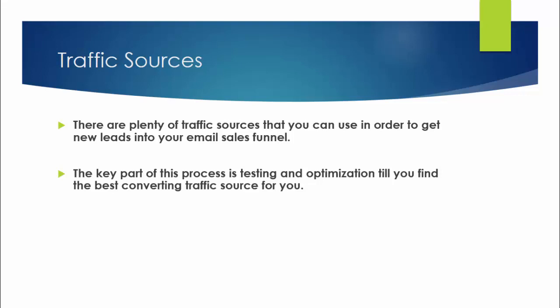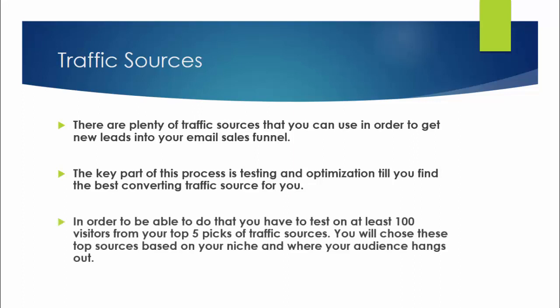That means, what is conversion for you: how many people from, let's say, 100 people end up on your list from that source of traffic. In order to be able to do that, you have to test on at least 100 visitors from your top 5 picks of traffic sources. Let's say you have top 5 picks like Bing ads, Google ads, Facebook ads, free search engine traffic, and banners.